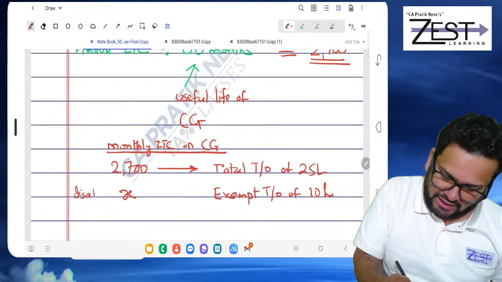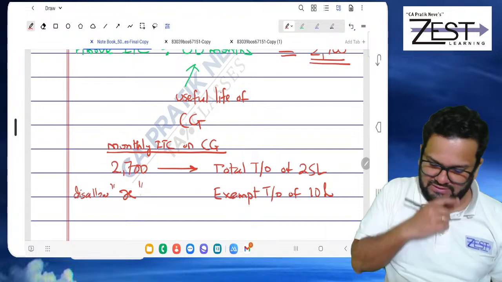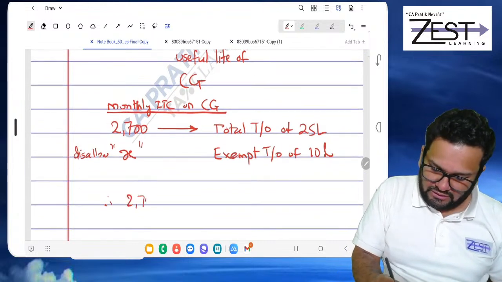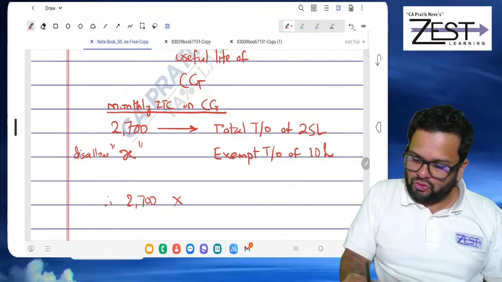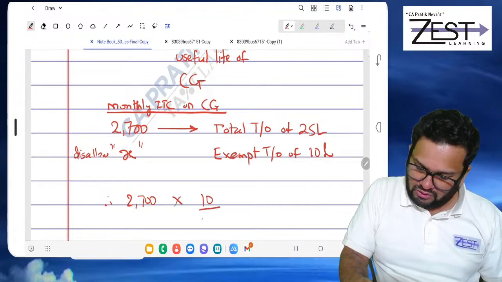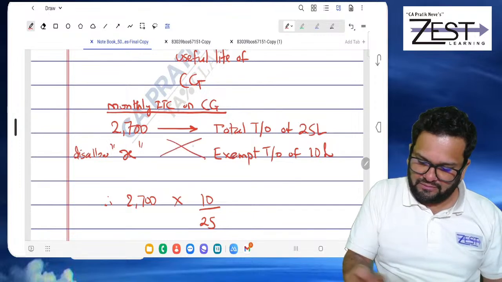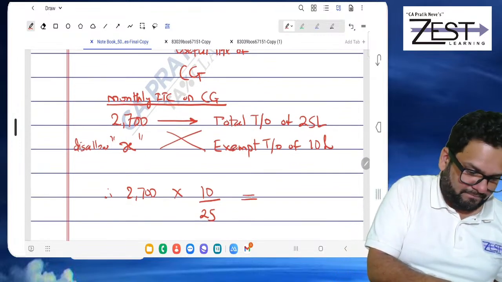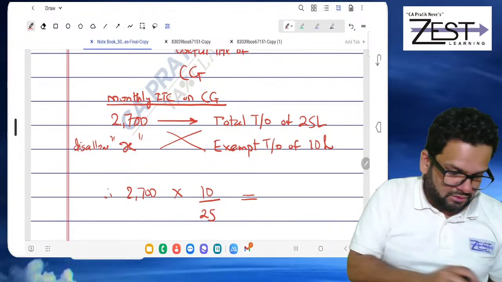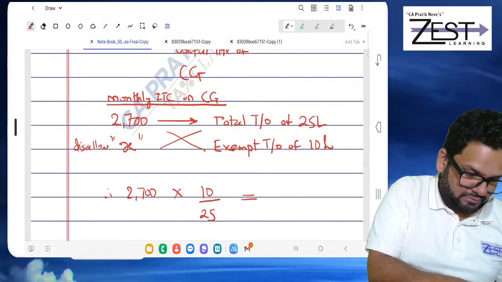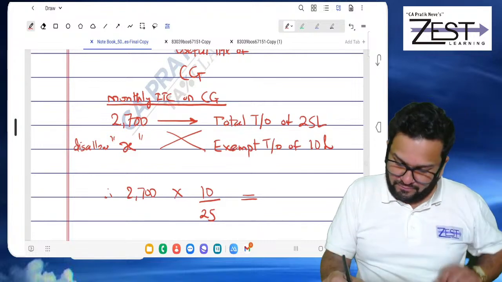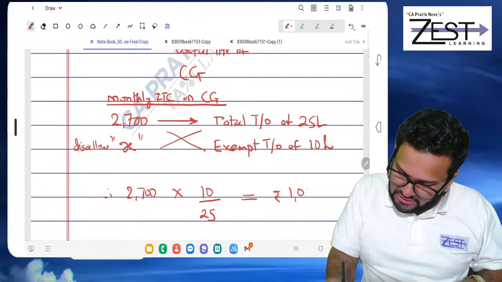So disallow that. Disallow this X. So what will be disallowed? Therefore 2,700 into 10 upon 25 cross multiply. That will be disallowed. Are you getting rupees 1080?